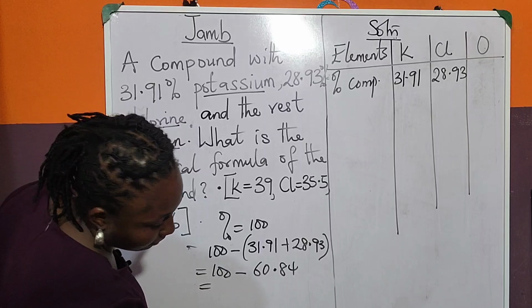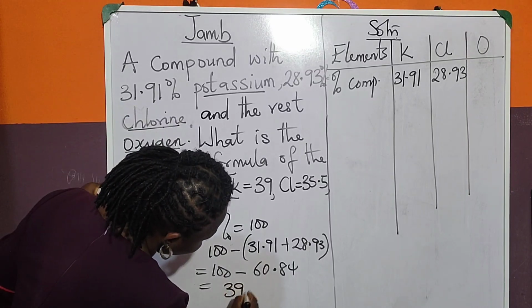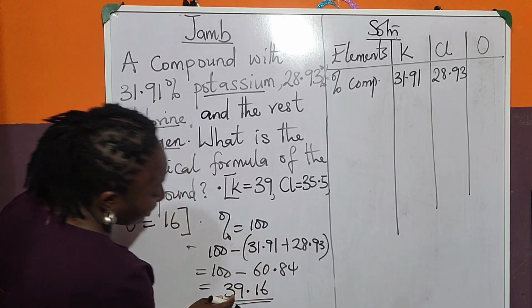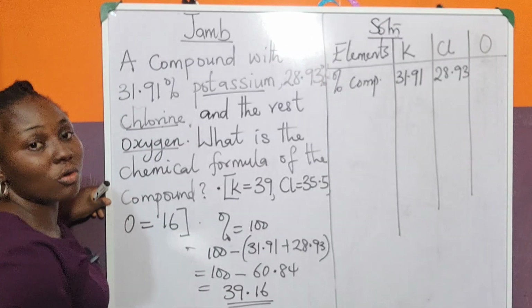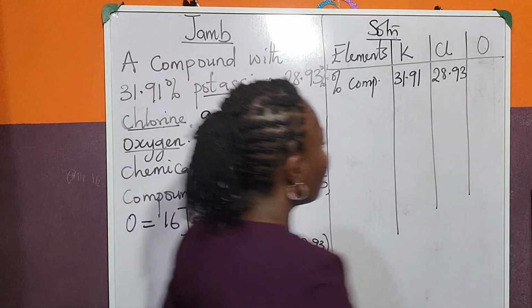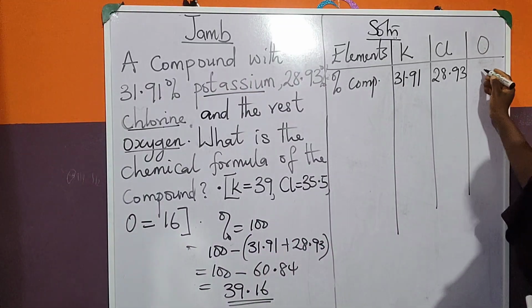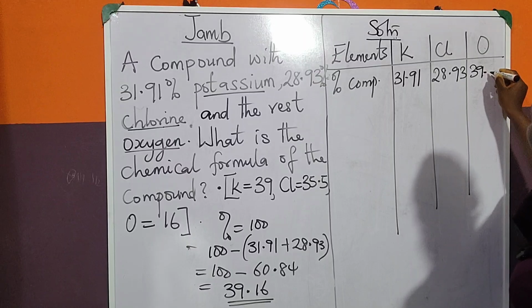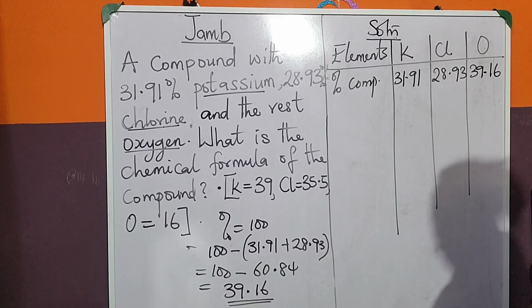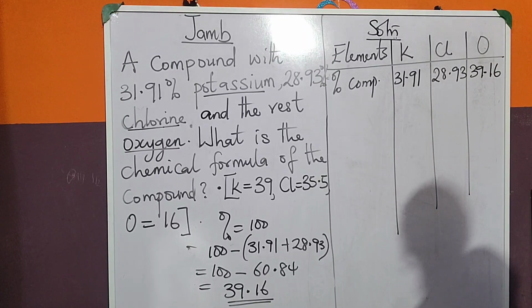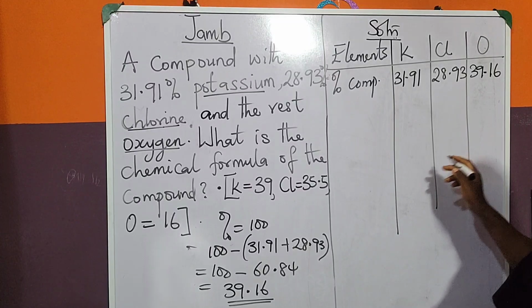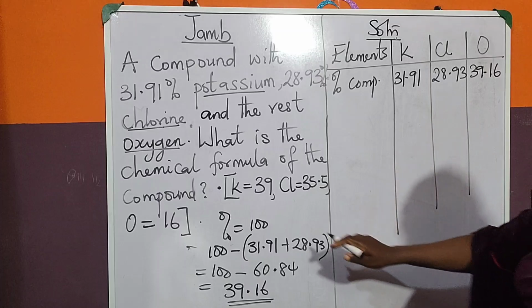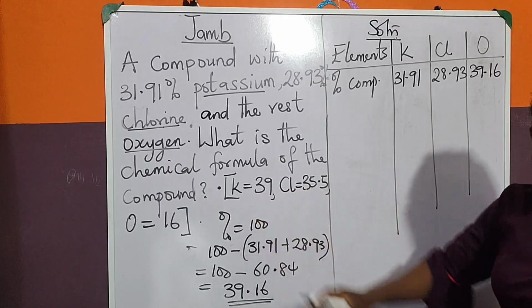Subtracting it from 100, I'll have 39.16. So this becomes the percentage composition of oxygen, 39.16.